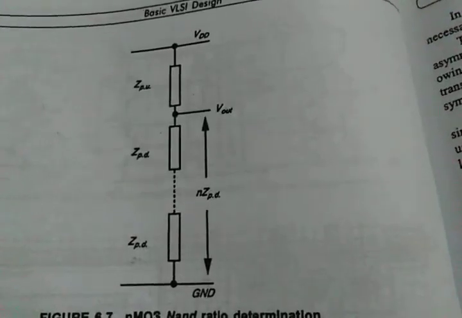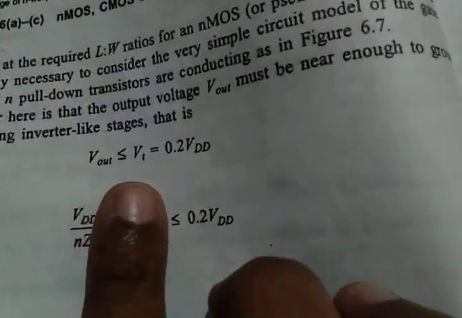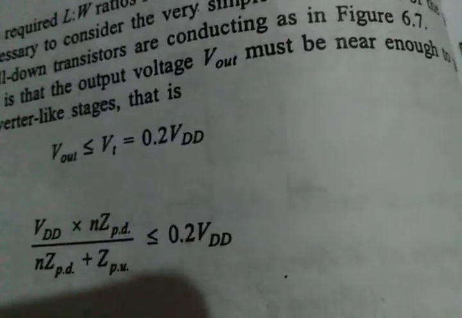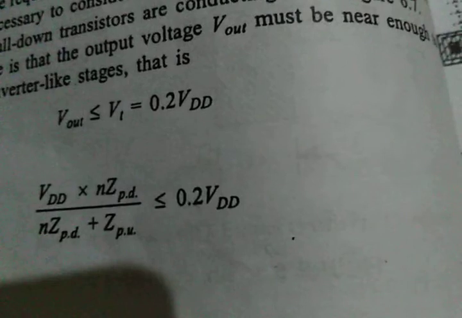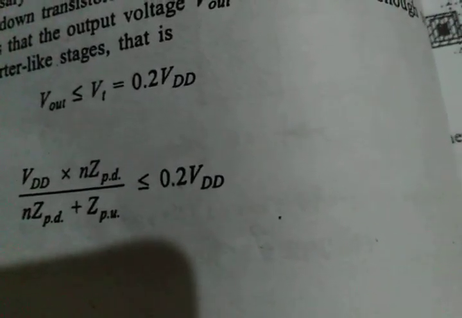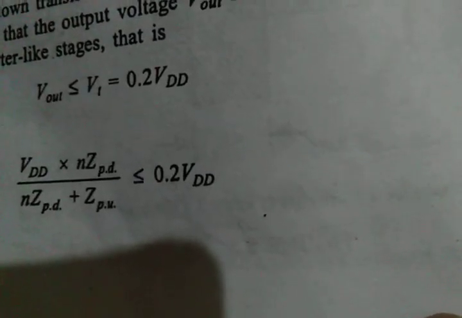Here the equation should be like this: V out is far lesser than V threshold, that is equal to 0.2 VDD. Then VDD into N times ZPD, that is N times the pull down impedance, divided by N times the pull down impedance plus the pull up impedance, is far less than 0.2 VDD.